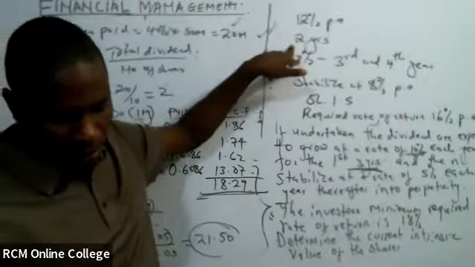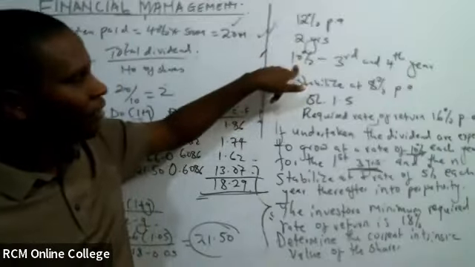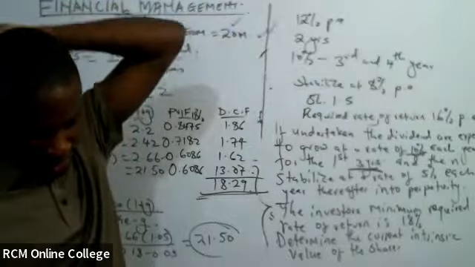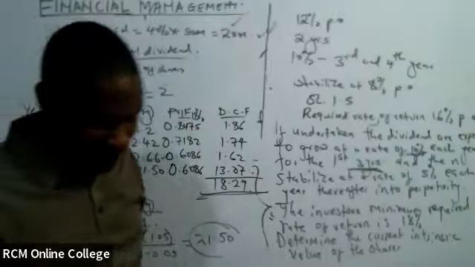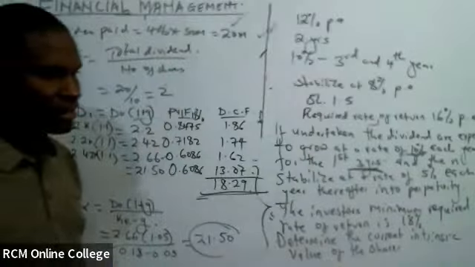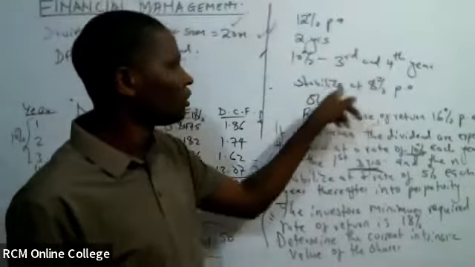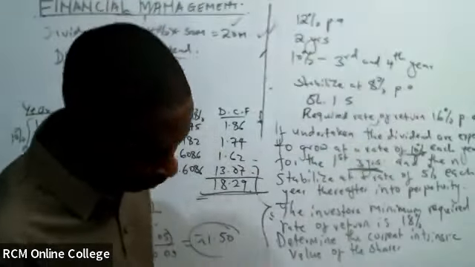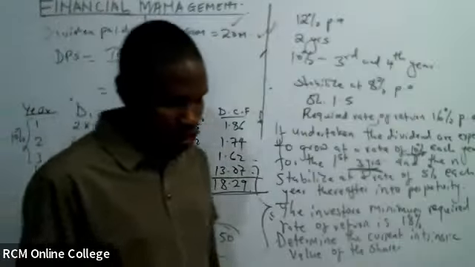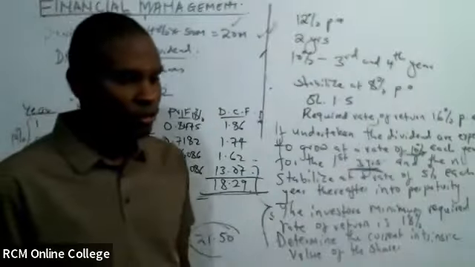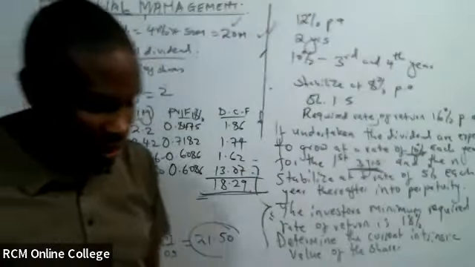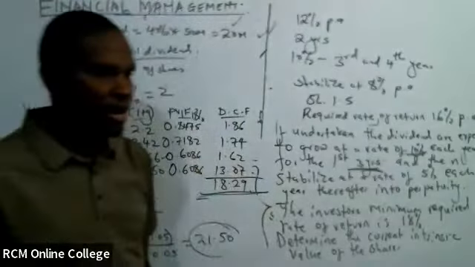The growth rate is likely to fall to 10% for year 3 and year 4, full stop. After that, the growth rate is expected to stabilize at 8% per annum. The company has just paid a dividend of 1.5 shillings per share, and the investors' required rate of return is 16% per annum. Required: the intrinsic value per share.